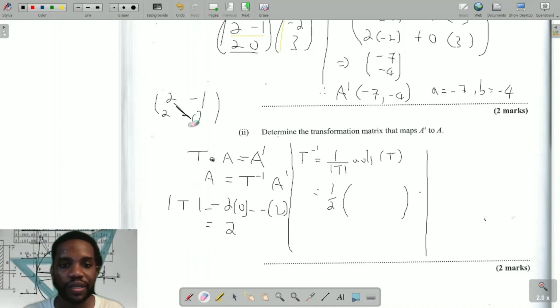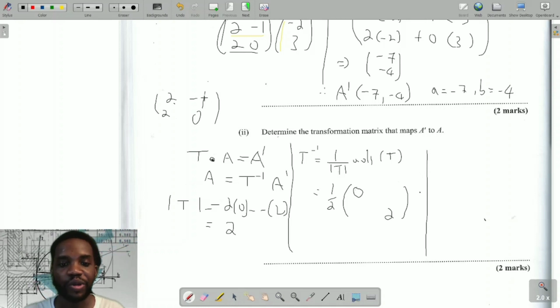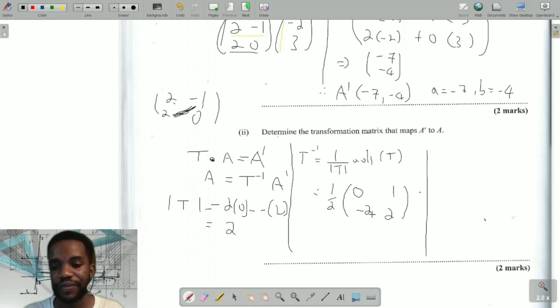We want to make this as easy as possible. The leading diagonal, which is 2, 0, you switch that. So you put the 0 up here and you put the 2 down there. And the non-leading diagonal, you simply change the sign. So that -1 becomes a positive 1, and that positive 2 becomes a -2.